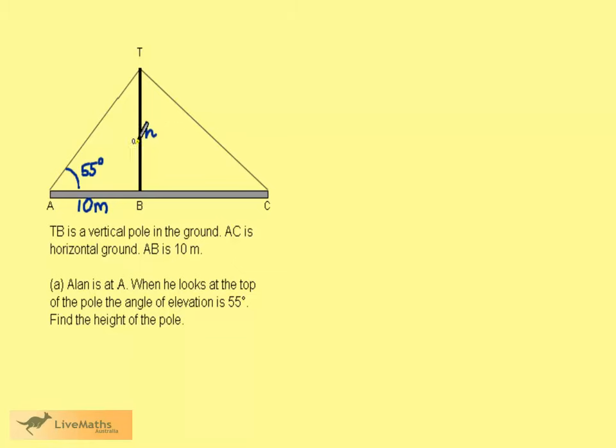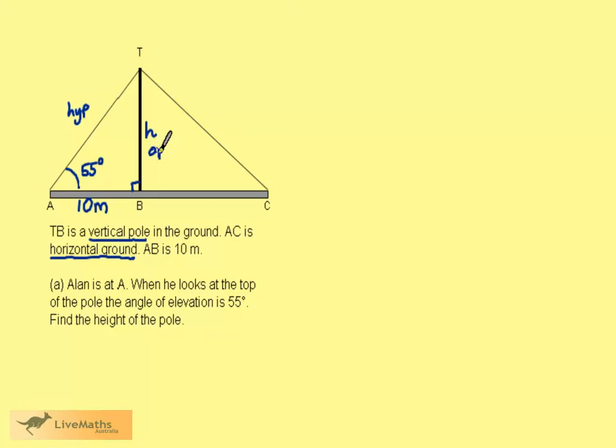We can see here that we have a right-angled triangle. We know this is a right angle here because the pole is vertical and the ground horizontal. If we look at this triangle, for this angle here, 55 degrees, this is the hypotenuse, the longest side.